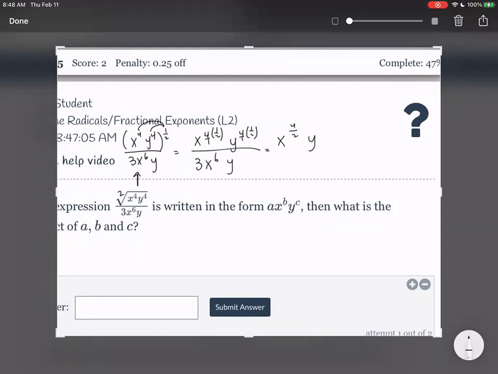So 4 times 1 on the top is 4. 1 times 2 on the bottom is 2. And we keep the bottom the same so far. Simplifying again, we have x to the power of 4/2. 4/2 is just 2. So we have x squared. And same thing for y. They have the same exponents, so it's also y squared.